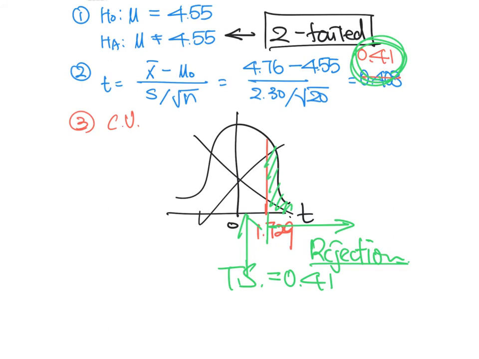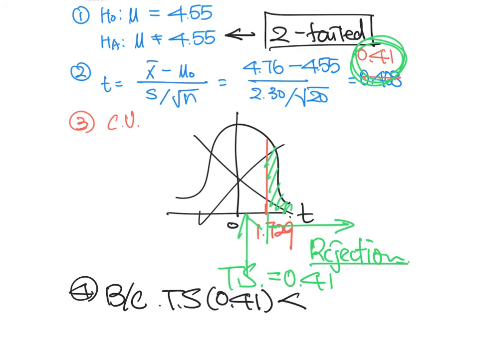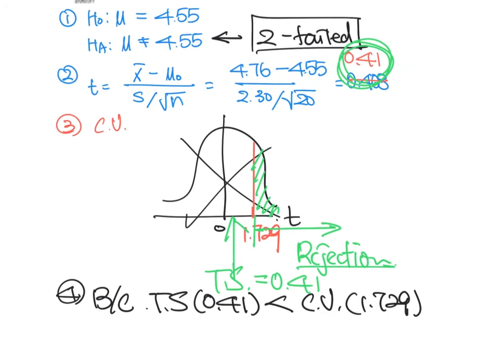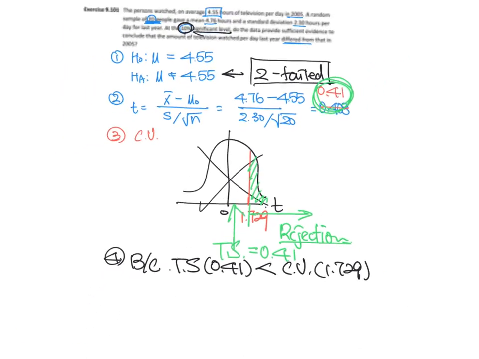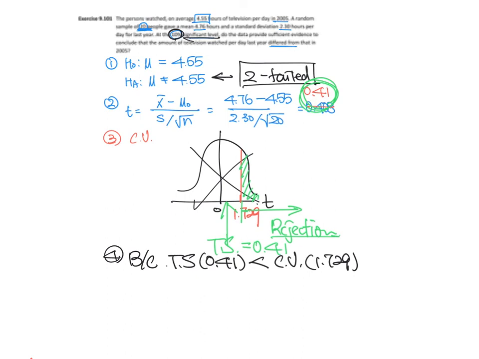So because the test statistic 0.41 is less than the critical value 1.729, the decision will be to not reject, to fail to reject the null hypothesis. That means the null statement is true.